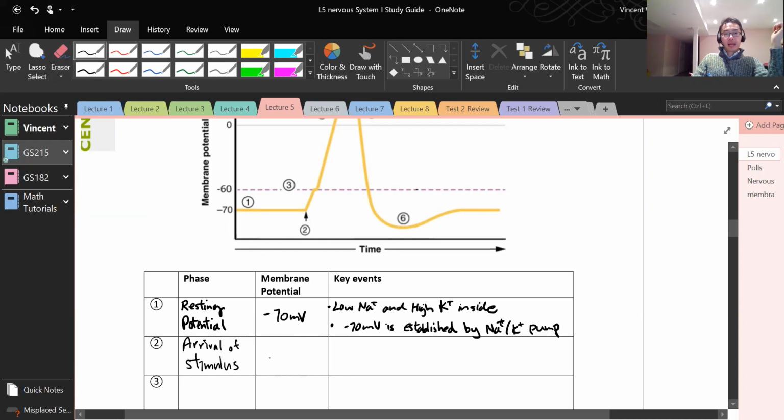And at this point, it is still sitting at minus 70 millivolts. And like I said, it might go up and come back down if it's not strong enough. Sometimes if it's a lot of negative signal, we can push it further down, so it's not as easy to fire the neuron.